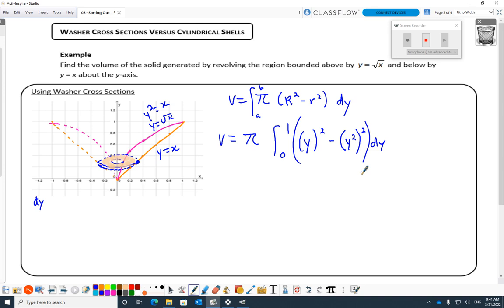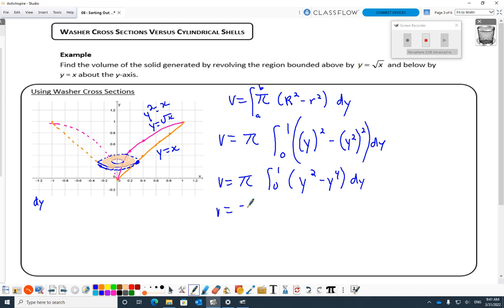Well, maybe you have to get here before you order your pizza, because now, hopefully, you're in the clear. I'll write the rest of the steps and then I'll pause for questions. Integral 0 to 1, sorry, not y to the fourth. I'm getting ahead of myself. y squared minus y to the fourth dy.